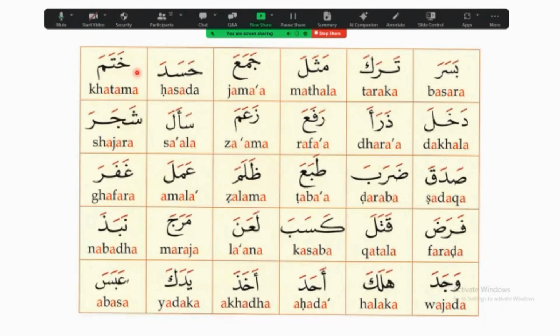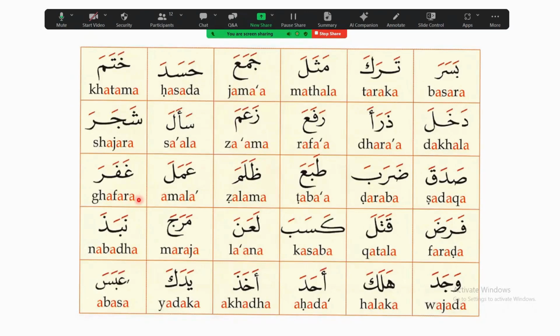So rather than saying khatama, I said khatam at the end. And rather than saying shajara, I said shajar. So we just practice it this way. And inshallah, we will move on to the next haraka as well.